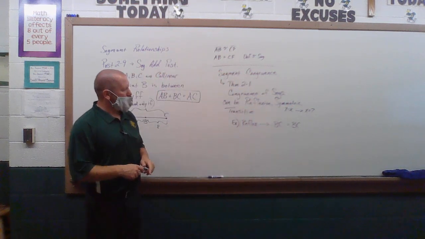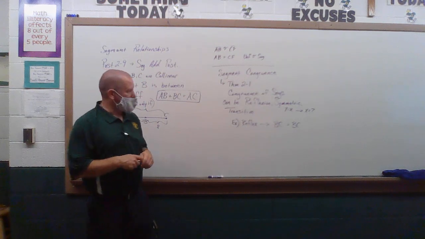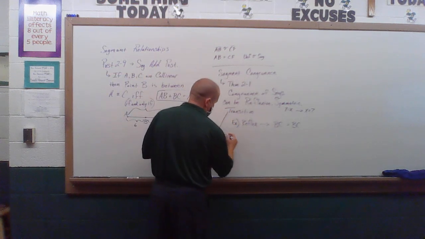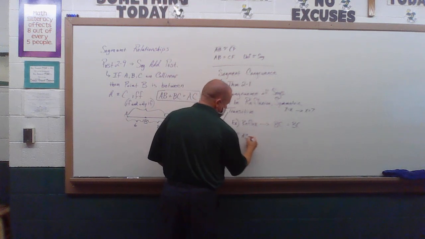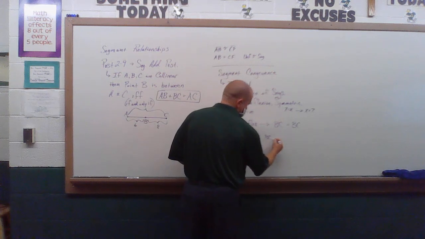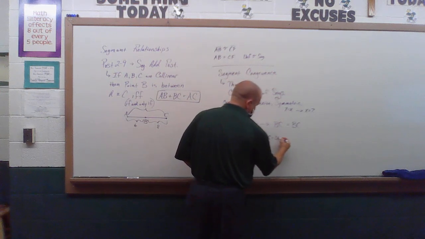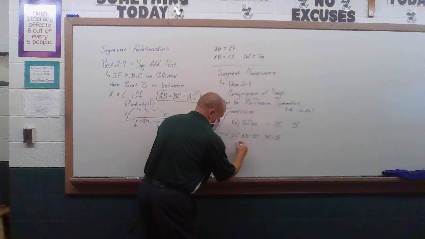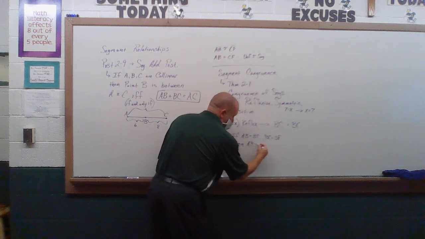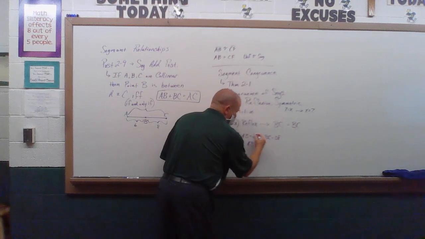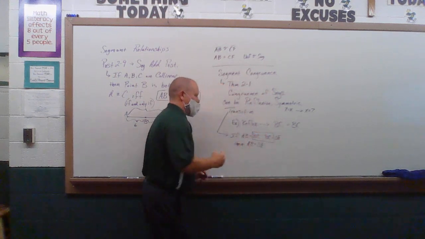And then the transitive property, that's the one where it's kind of the sentence, right? If AB is equal to BC, BC is equal to DF, then we know what? AB is equal to DF. And again, notice in the middle there, okay?